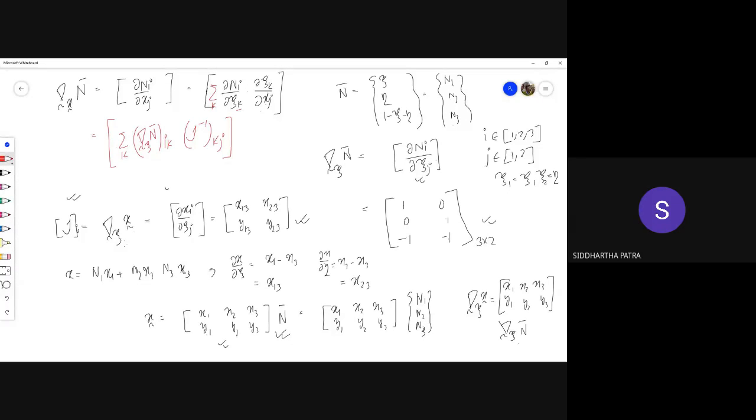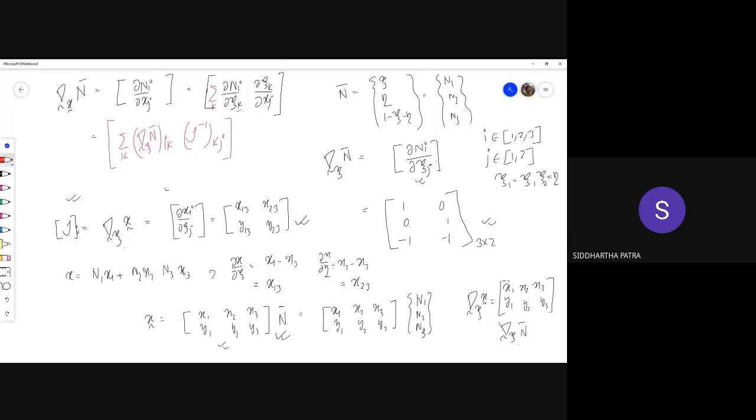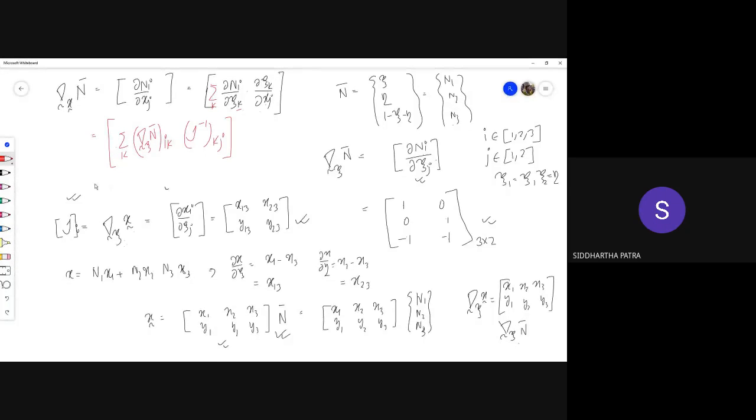Okay, so from this multiplication, as you can see, this is the formula for getting the product of two matrices. So it is summation over k of a_ik b_kj. What it basically means is the gradient of N with respect to x is the gradient of N with respect to ξ times J inverse.